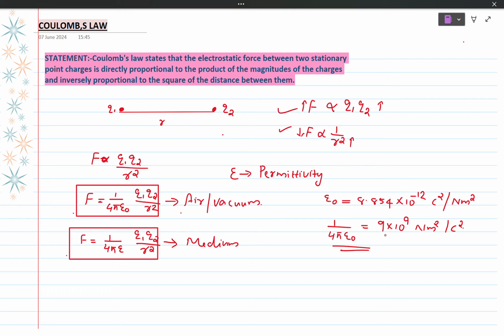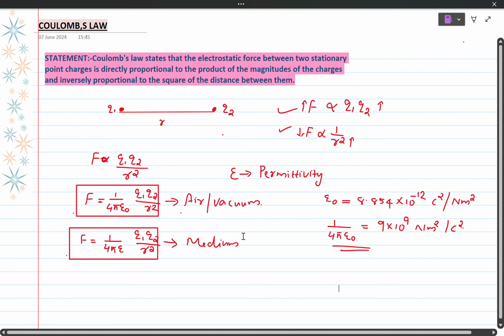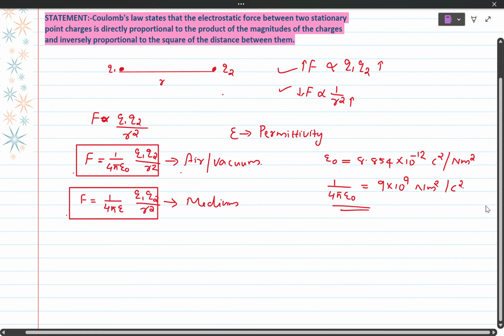And there is a relation connecting the permittivity of free space and the permittivity of a medium. Let's see that equation also.